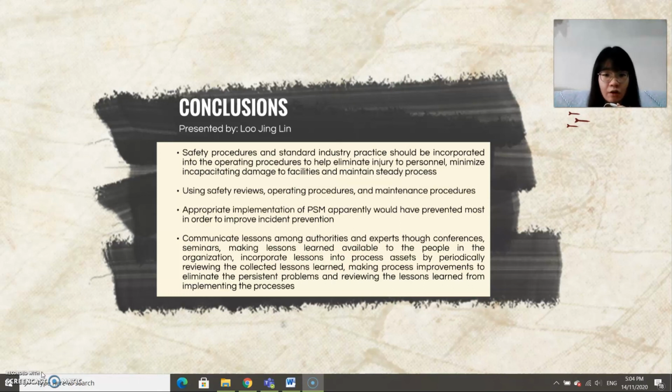Appropriate implementation of process safety management could have prevented this incident and improves incident prevention. The authorities and people should learn lessons from historical industrial incidents to make improvements to their safety programs in order to prevent such tragedy from happening again.